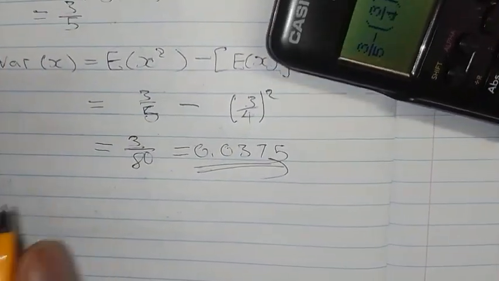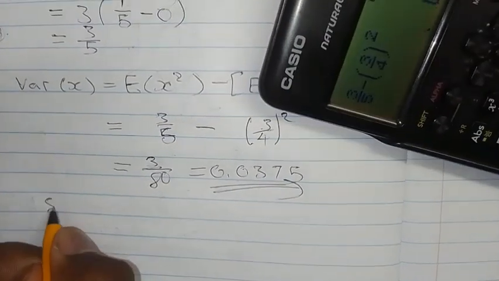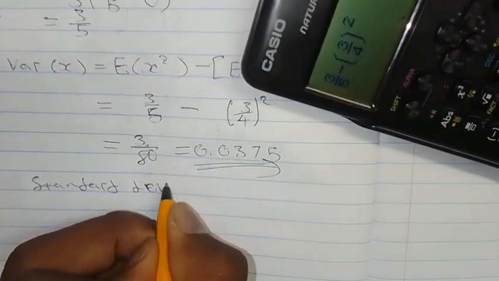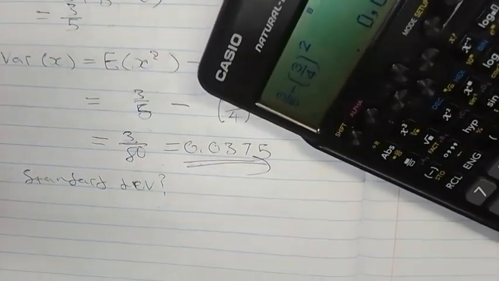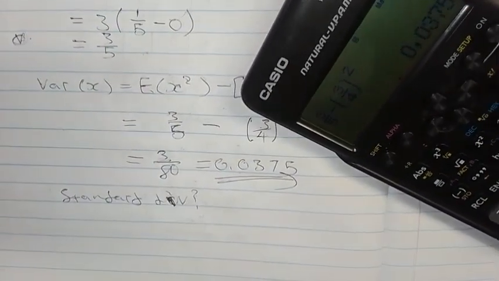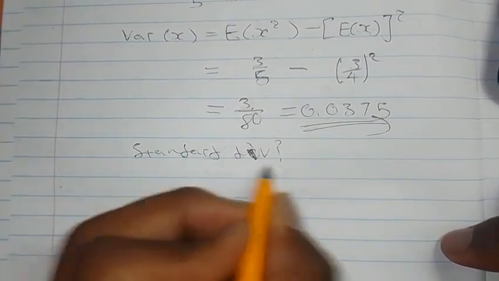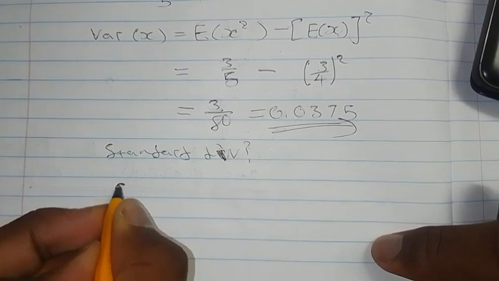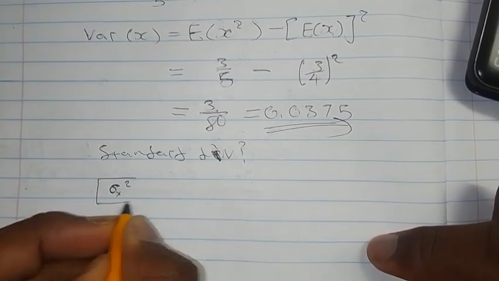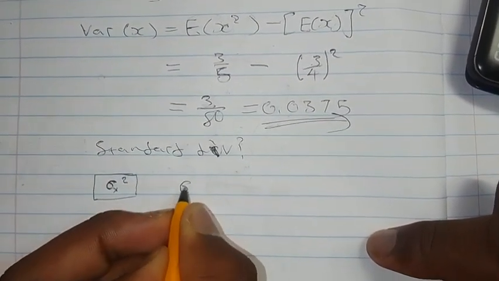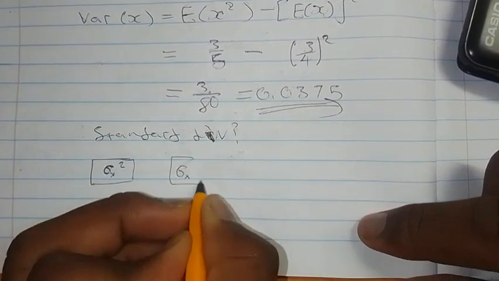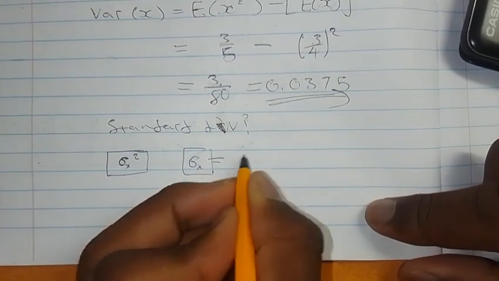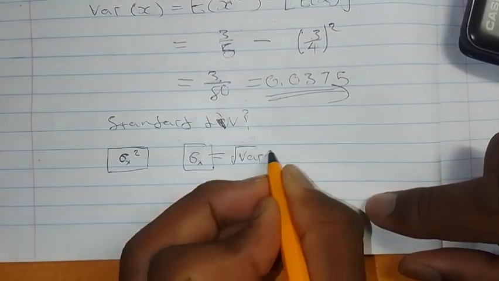Now if you have the variance of x, how will you get the standard deviation? This is the variance of x, and the standard deviation of x will just be the square root of the variance of x.